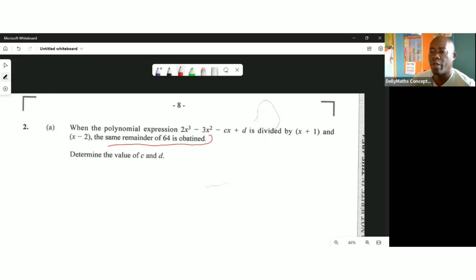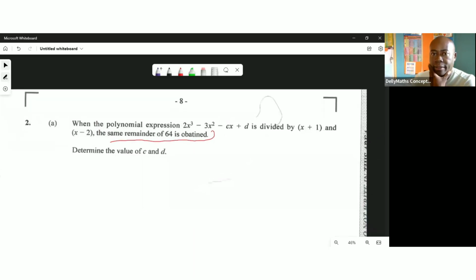All right, whenever we have problems like this, the remainder theorem and the factor theorem, there is an idea here: if I have x plus 1 which was divided, it means that if I evaluate f of -1, I will get that remainder of 64.